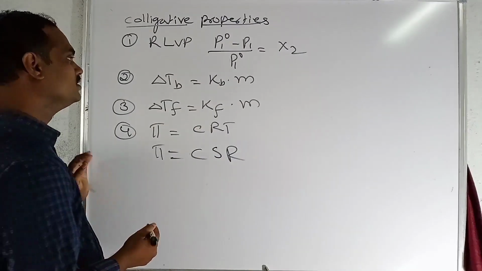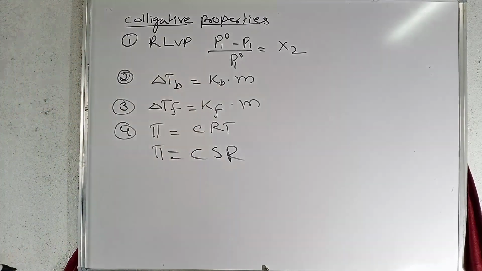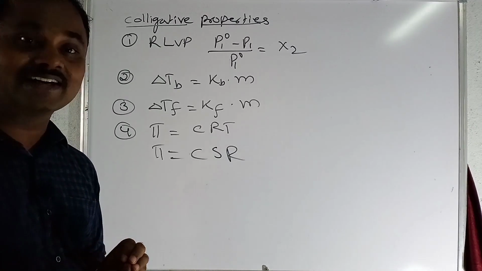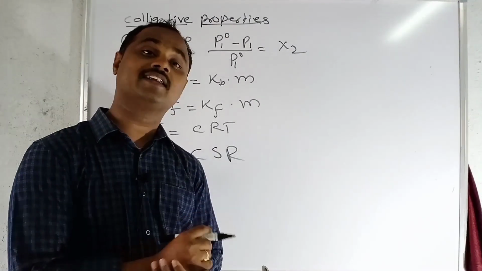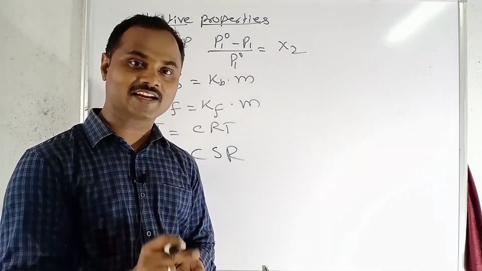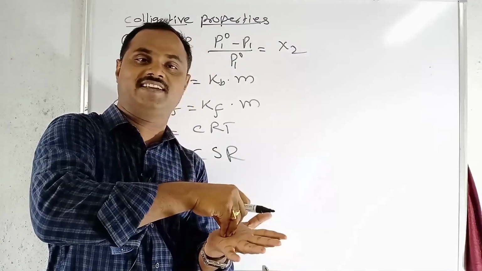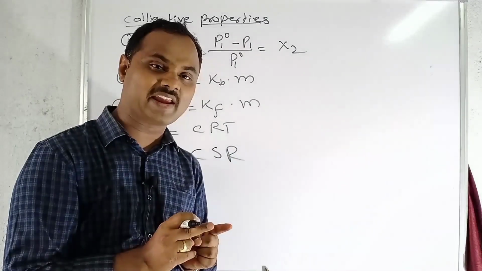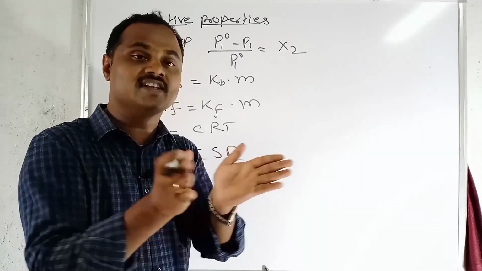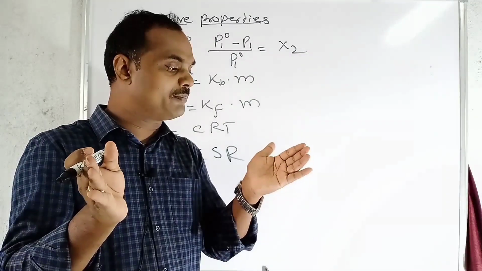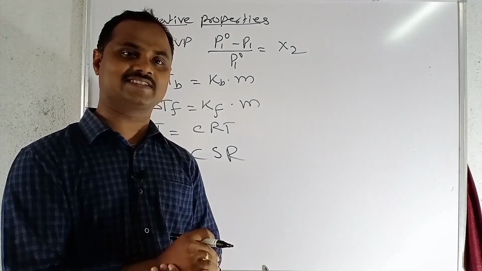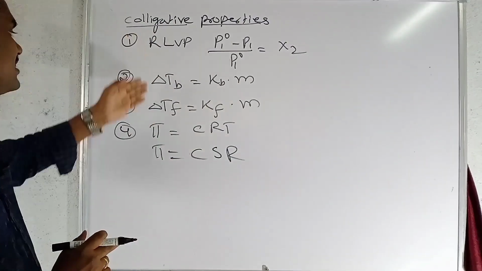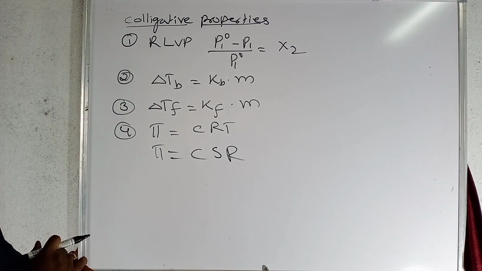Is it clear? So these formulas are applicable for very dilute solutions containing non-volatile, non-electrolyte solute, meaning the solute present in the solution should not associate or dissociate. The number of molecules should not decrease or increase. Only at that time are these colligative properties applicable.